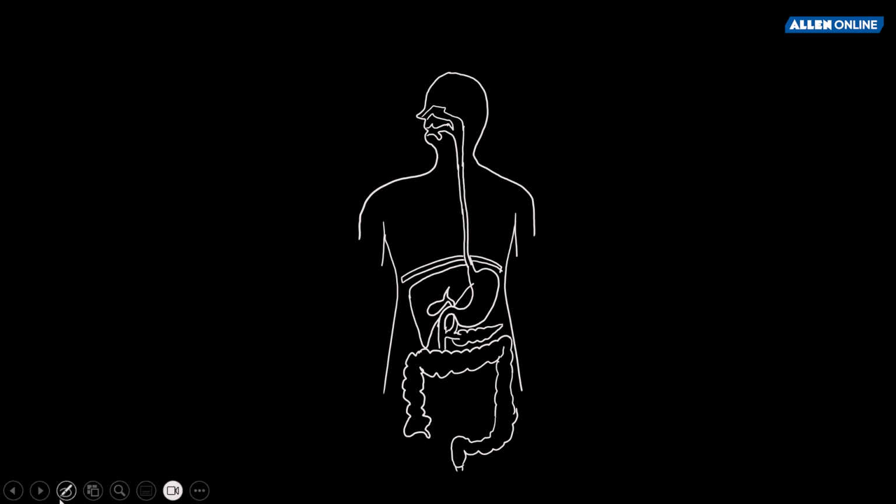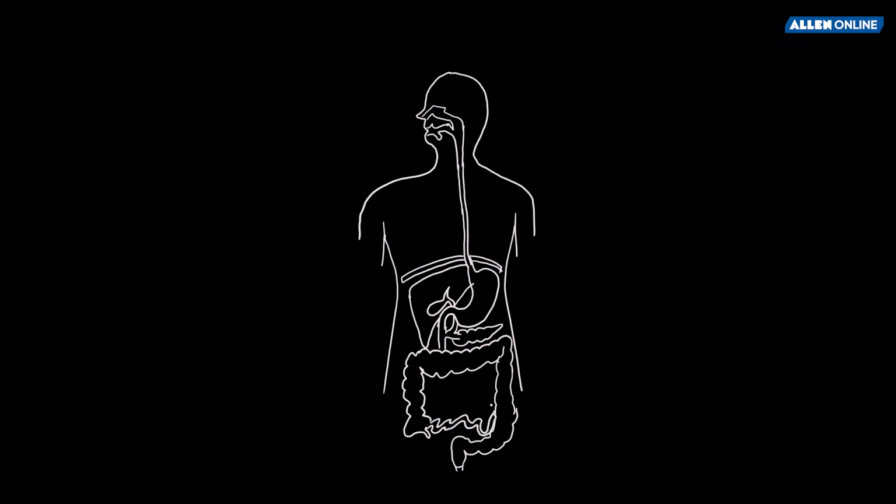And now we are going to start with the small intestine. Now small intestine is a highly coiled structure, 7.5 meter long and present in a highly coiled form.